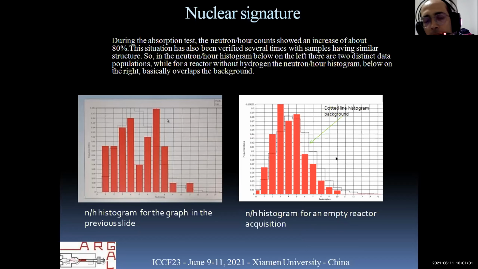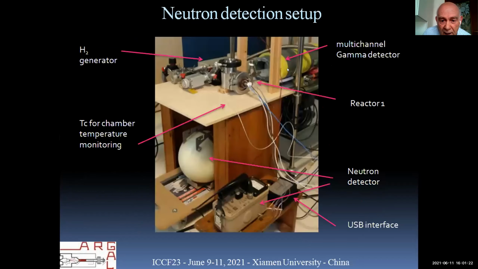Yes, and what about the other emissions, X-ray and gamma rays? What are your conclusions? Gamma rays? Yes, I always have a multi-channel gamma detector that, together with the neutron detector, monitors gamma emissions.